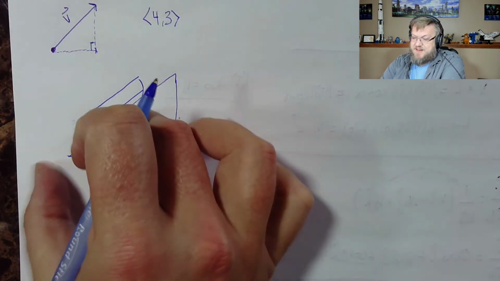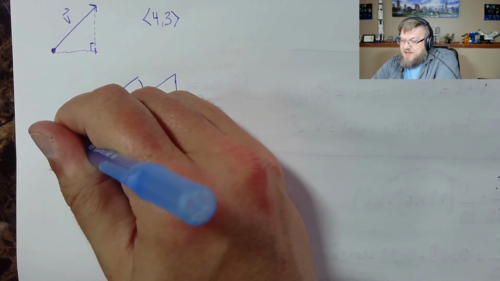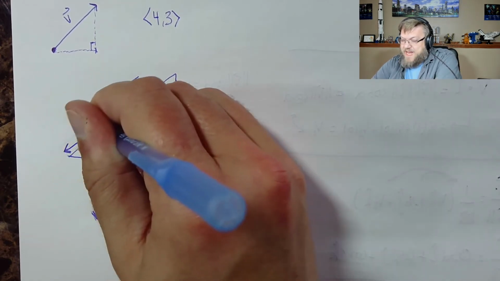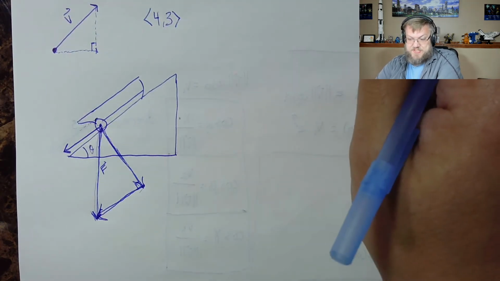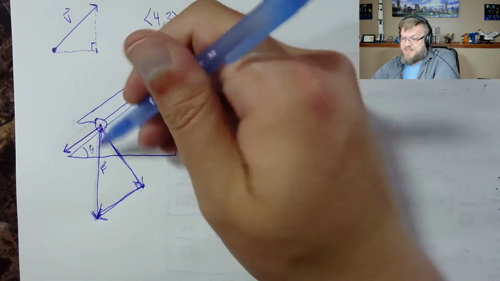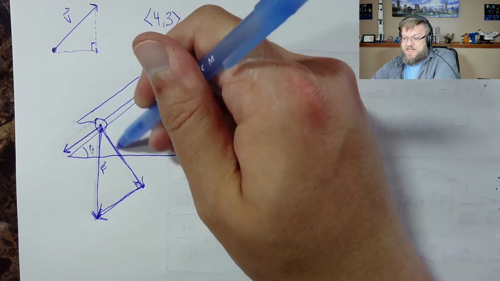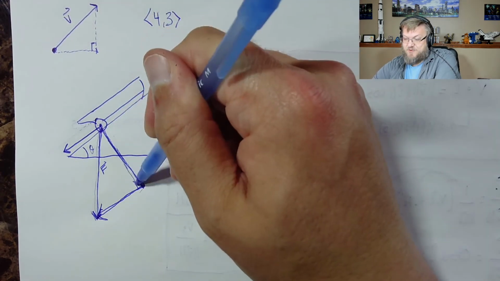So I can move that here, and I see that a portion of the weight is acting in this direction. This is why it's wanting to move that way. Now there's a lot of the weight keeping it attached to the inclined plane, and that's this force here.